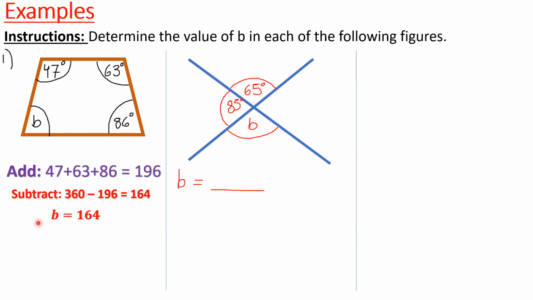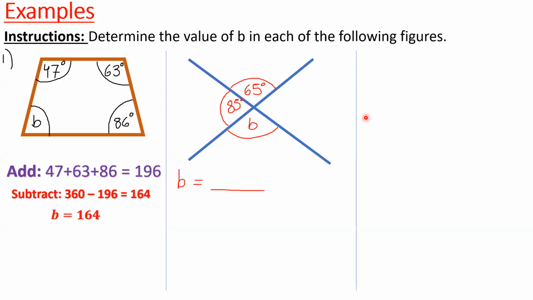I need everyone to answer inside the chat, please. What is the value of B in this question? Is it 65 or is it 85?